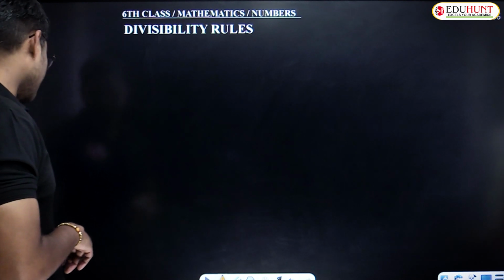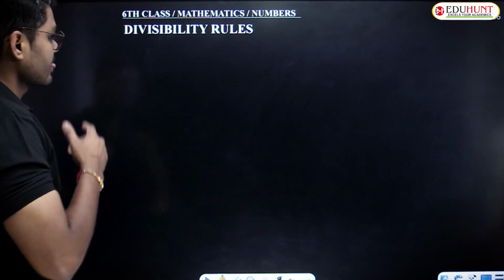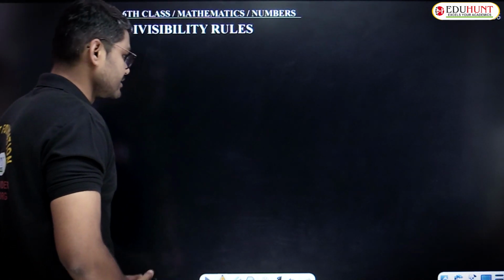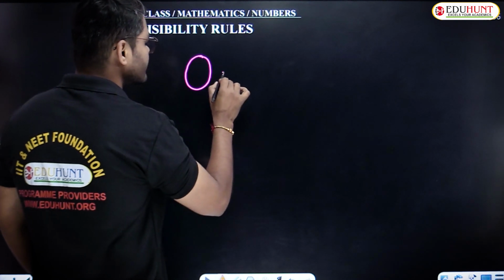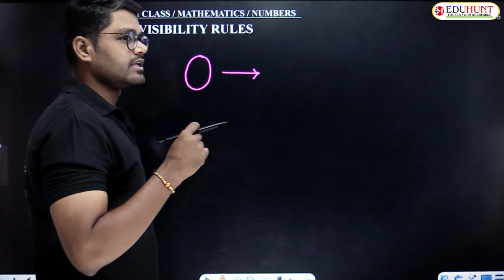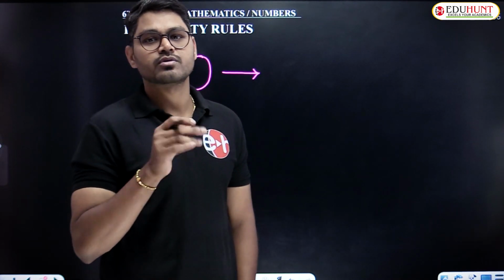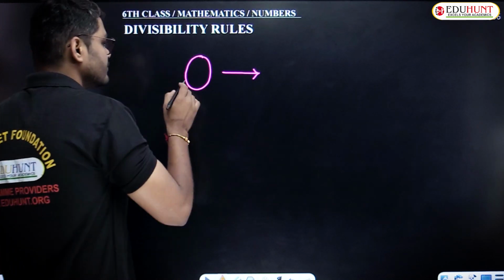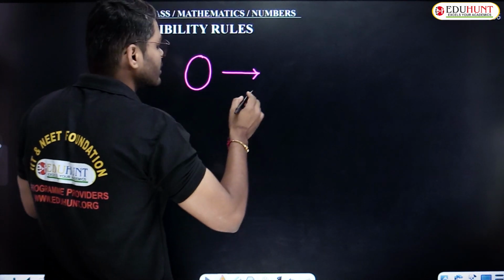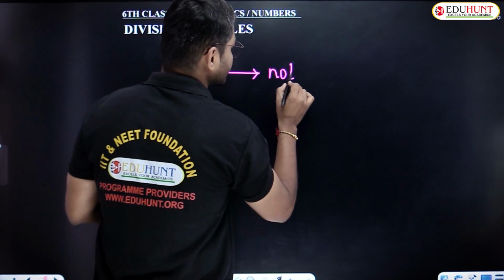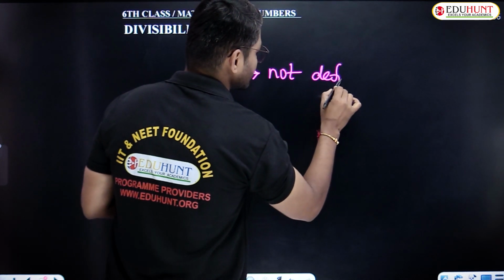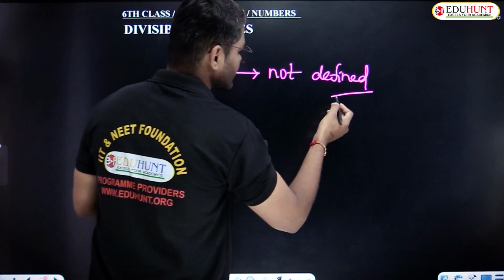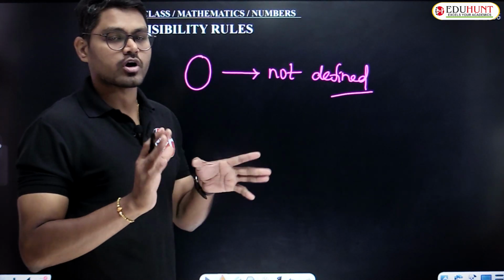The first divisibility rule. Let's take 0. Can we divide a number by 0? No, because divisibility with 0 is not defined.